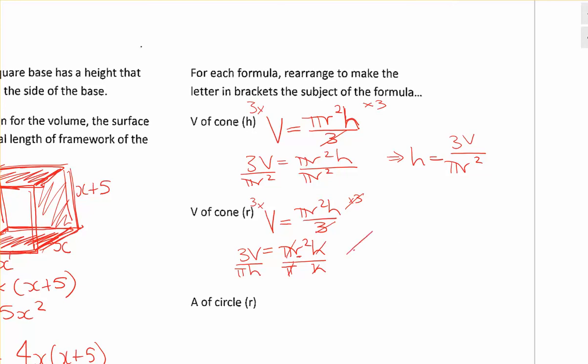And then clearly to find r we'd need to find the square root. Now sometimes you need to think about whether that's positive and negative. When we square root numbers you can have positive and negative, but if you're talking about a radius obviously you only want the positive answer because you can't have a negative radius.